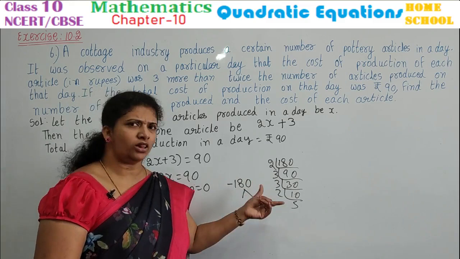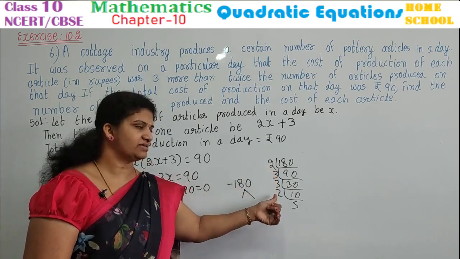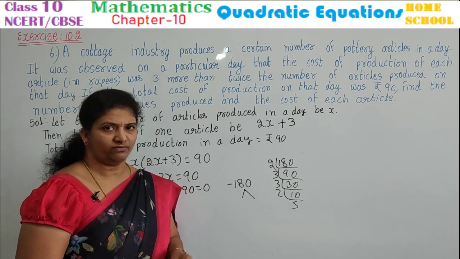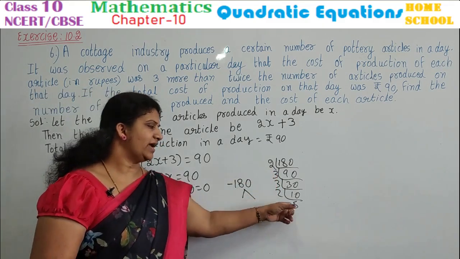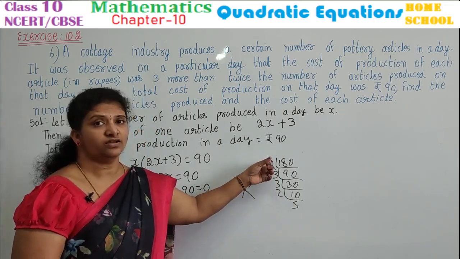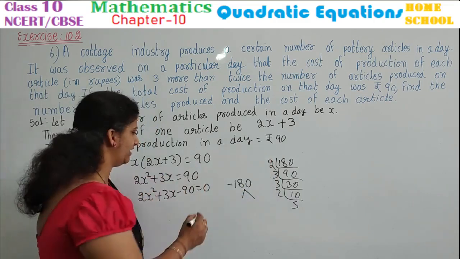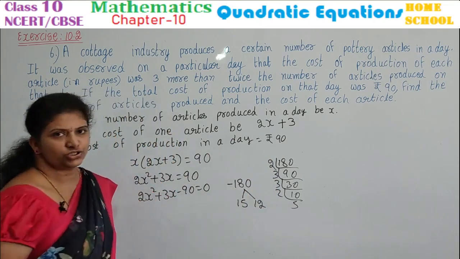Then again, what are all the options you can see? 5 2s are 10, 10 2s are 20, 3 3s are 9. 20 and 9 we won't get. Then what are the options we can take here? 5 3s are 15, 3 2s are 6, 6 2s are 12. 12 and 15, I think the factors are 15 and 12.